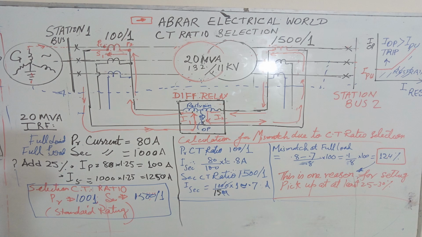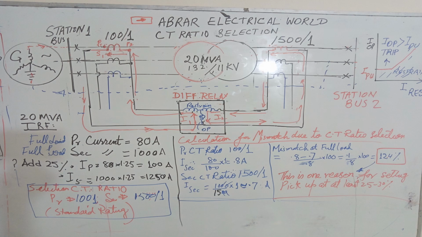Now there is always a margin of 25%, or maybe 20%, kept, because the transformers are allowed to be overloaded, depending upon their operating temperature and the load before it was running, in the day or night, whatever. So we add 25% to both of the values, and I get the 132 kV side ampere as 100 and the 11 kV side ampere as 1250.